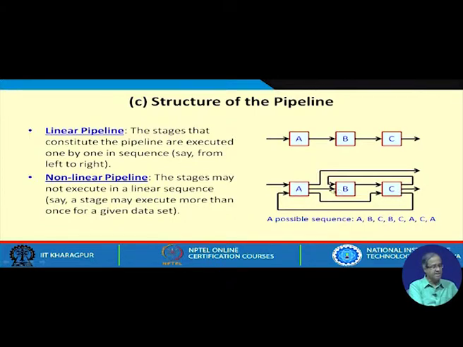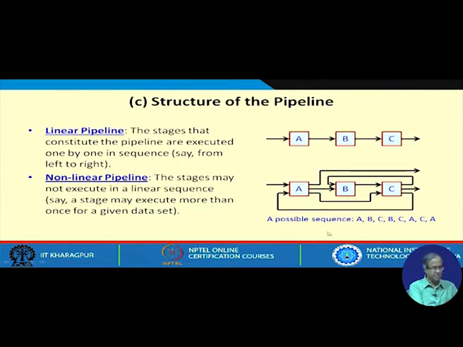These arrows indicate the connection between stages. Like you can see, from A there is a connection to B, from A you can also move a result to C, and also you can take a result out. From B you can go to C, from C either you can take a result out or you can move it back to B or you can move it back to A. Okay. And new data is coming always to A.